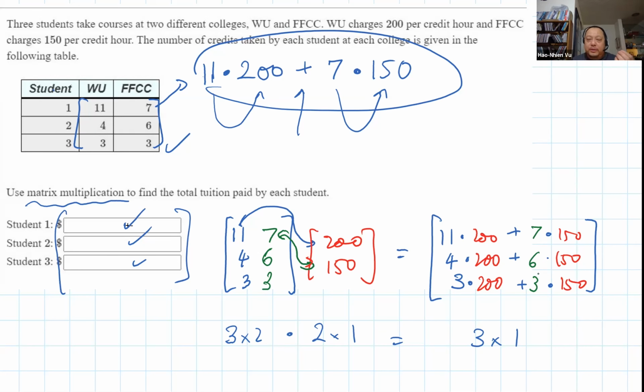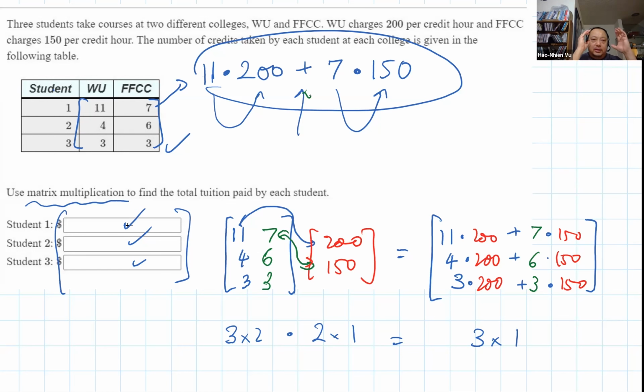The point is not to make you add two numbers. The point is to see if you can figure out how matrices can be used to model basically an economy. So in this entire economy of students taking classes at 2 schools, what's the total production or the total costs or the total spending within this economy?